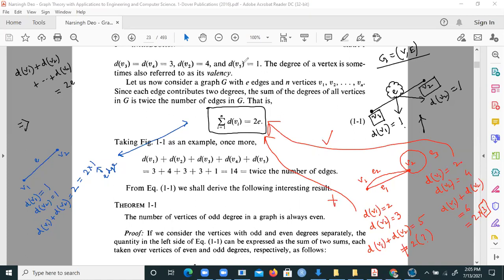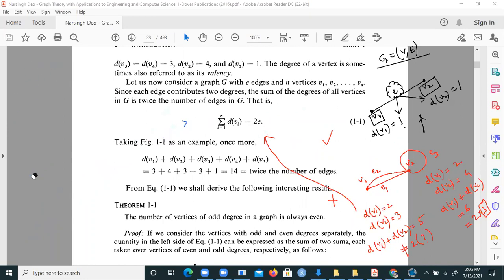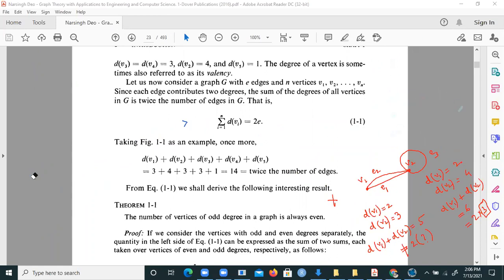After we get this particular theorem, there is another theorem, which they have mentioned as theorem 1.1, and it goes like this.